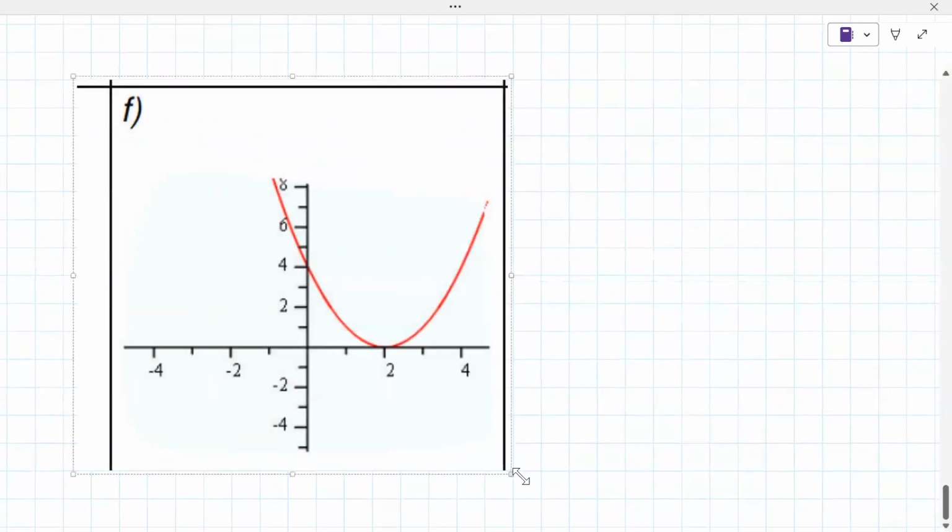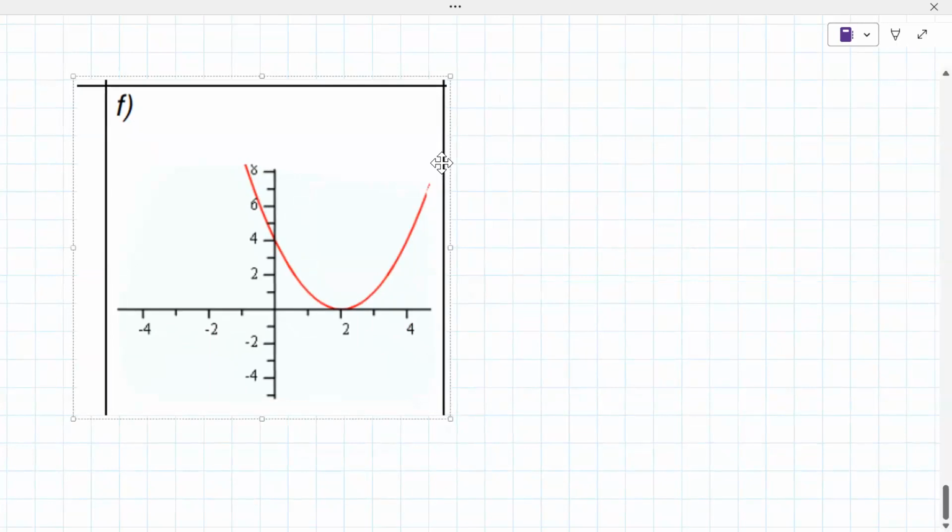Right. Is this even, odd, or neither? It's neither. Why is it not even? Because you can see right there, it's not even crossing the line.